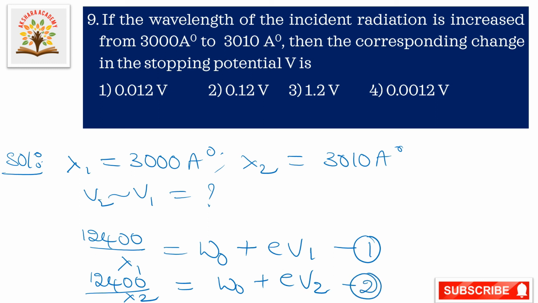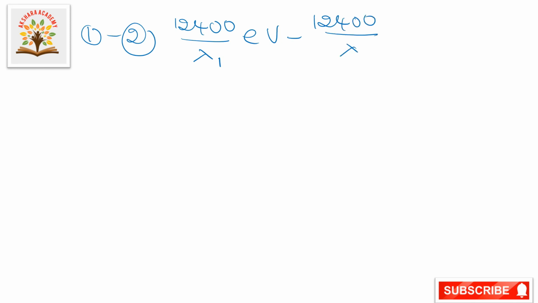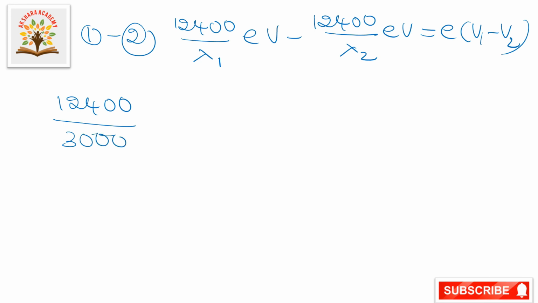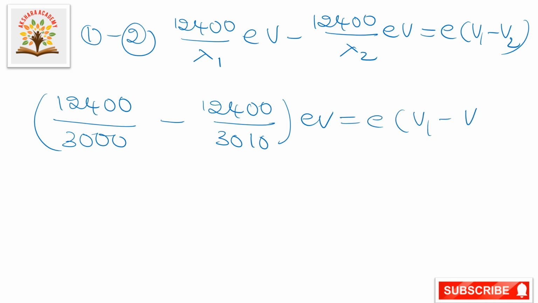So, subtracting equations, 1 minus 2, we get 12,400 by lambda 1 eV minus 12,400 by lambda 2 eV is equal to e of V1 minus V2. Now we are taking 12,400 common and substituting lambda 1 as 3000 and lambda 2 as 3010 Armstrongs, eV is equal to e of V1 minus V2.